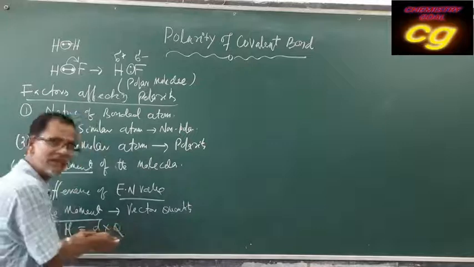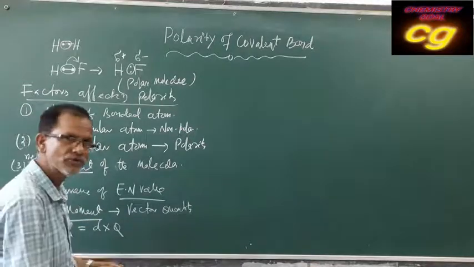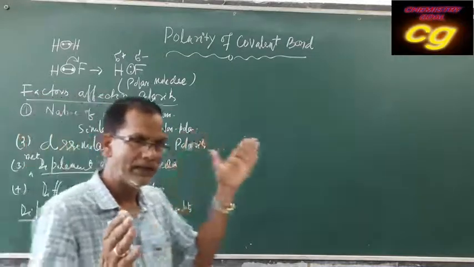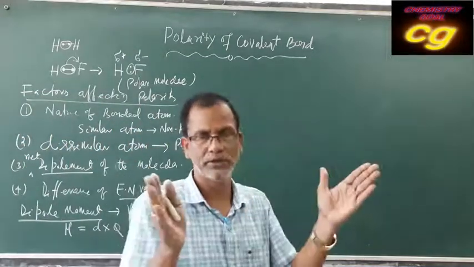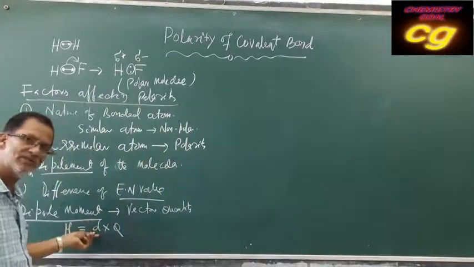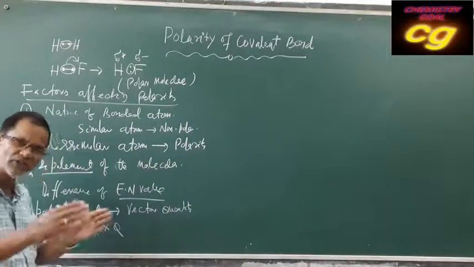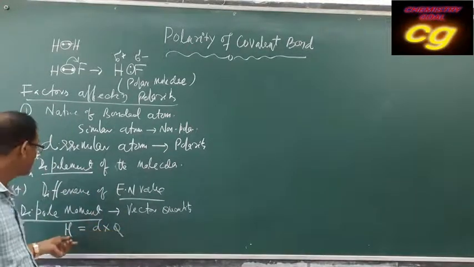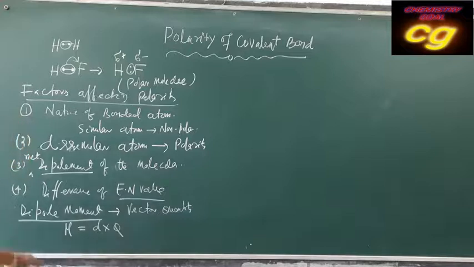Then how much charge develops between the atoms, or on the particular atoms, and how far apart they are placed during the formation of charge. The distance between the charged species and how much charge is produced on the atom is called the dipole moment.